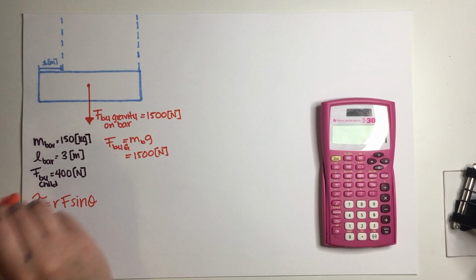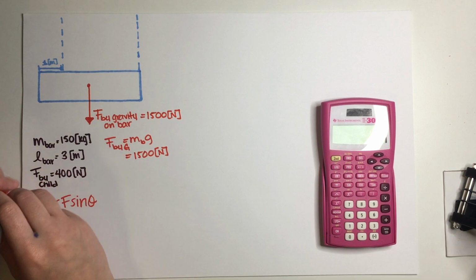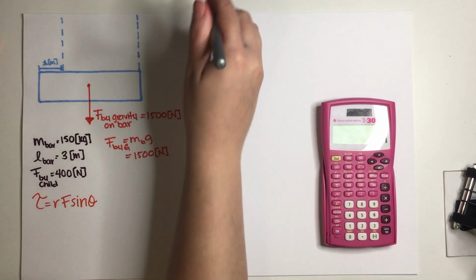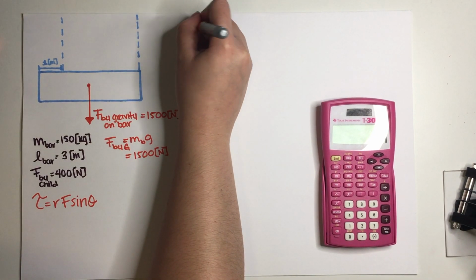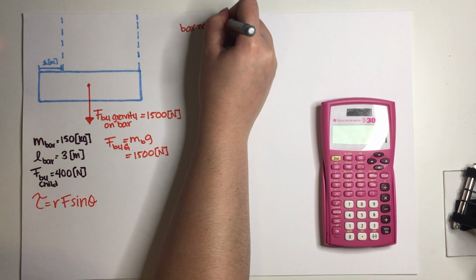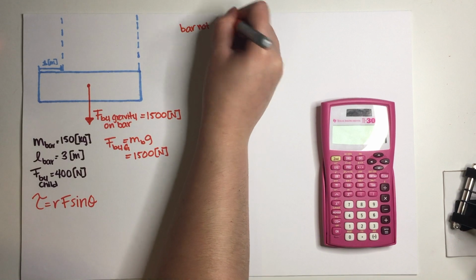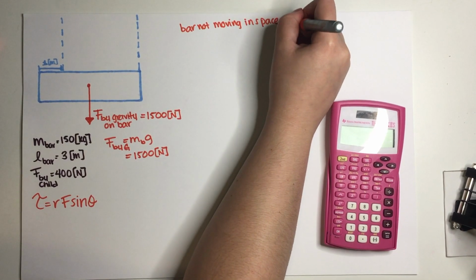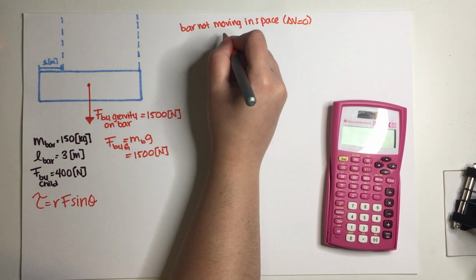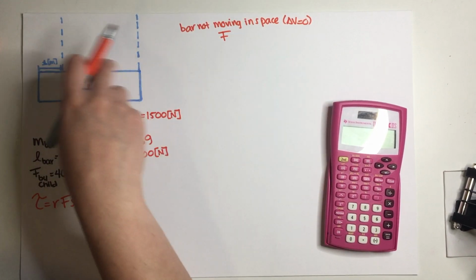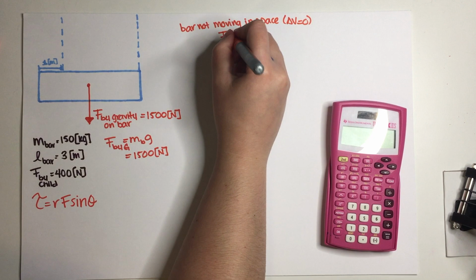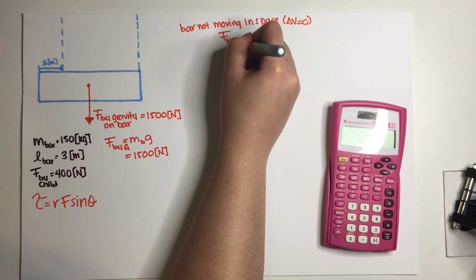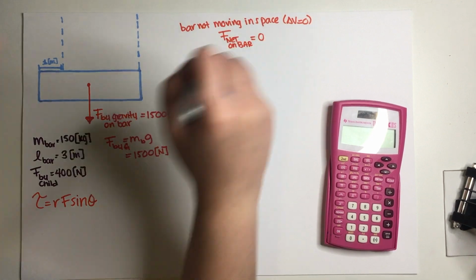Now we need to realize two things about this scenario. The first thing is that the bar is not moving in space. This means that the net force, the sum of all of the forces acting on the bar, is equal to 0.